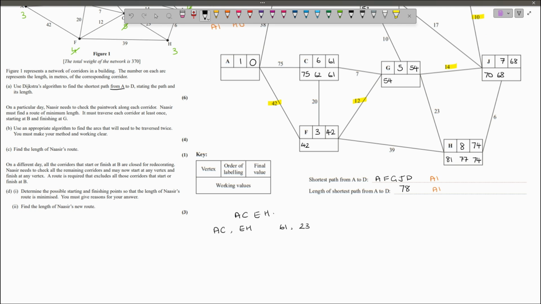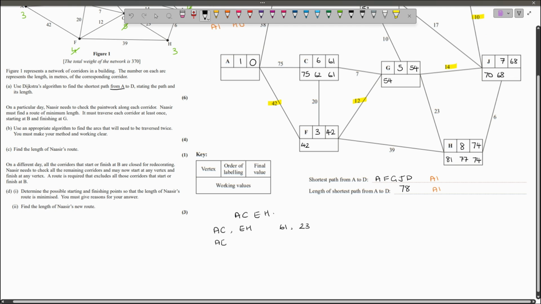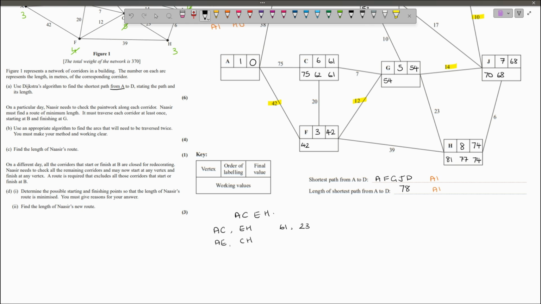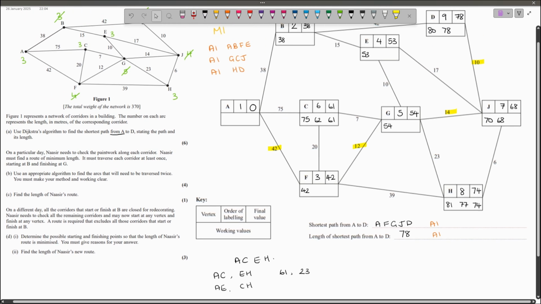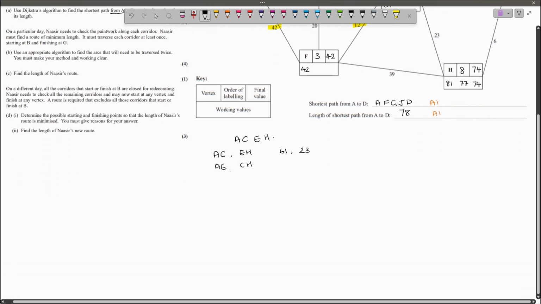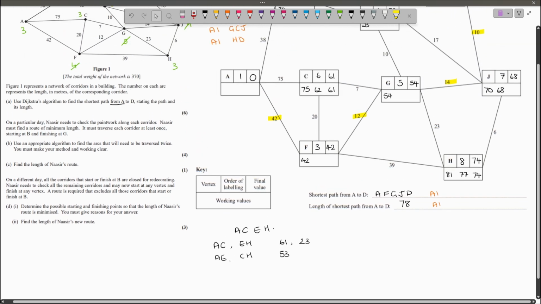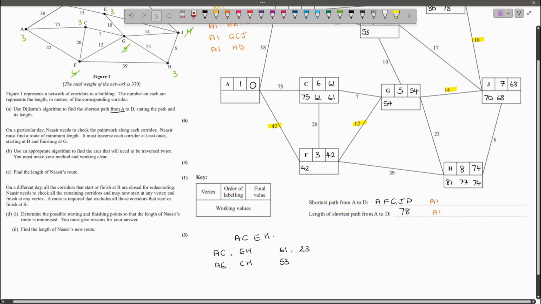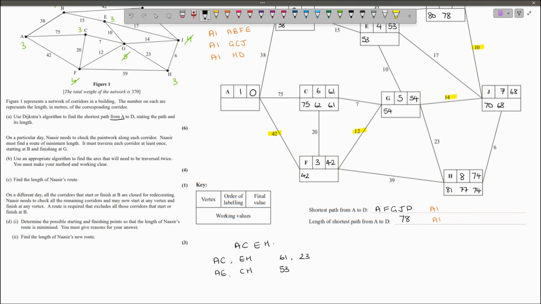The next pairing we need to consider is AE and CH. And again, AE, we know the minimum distance from A to E from Dijkstra's algorithm. It's going to be 53. And CH, we can consider the shortest distance from C to H. Well, we could do 20 and 39.